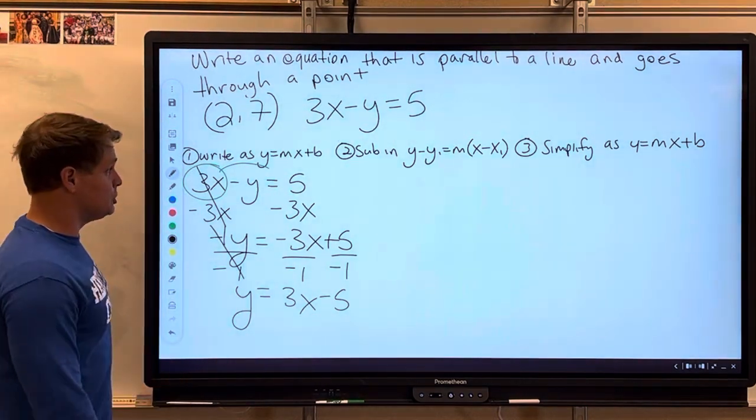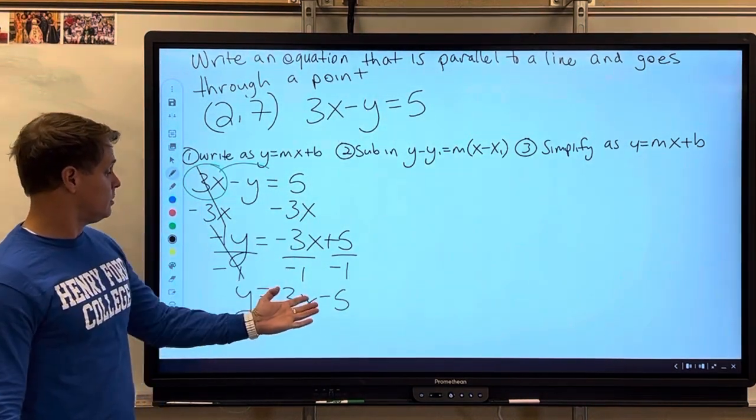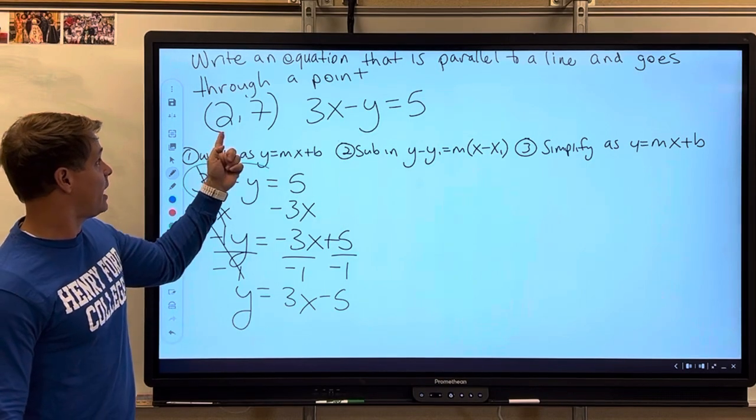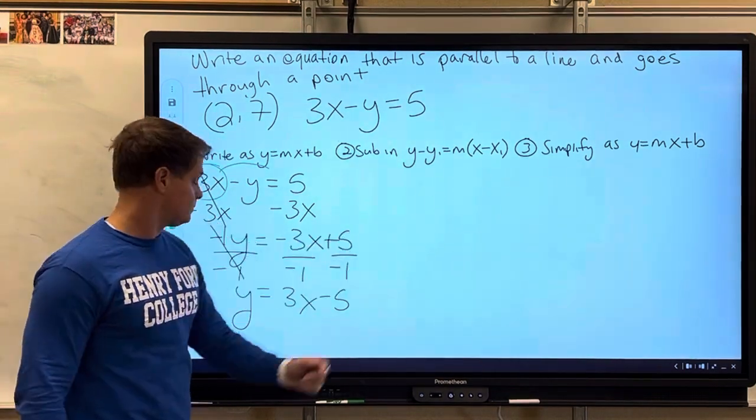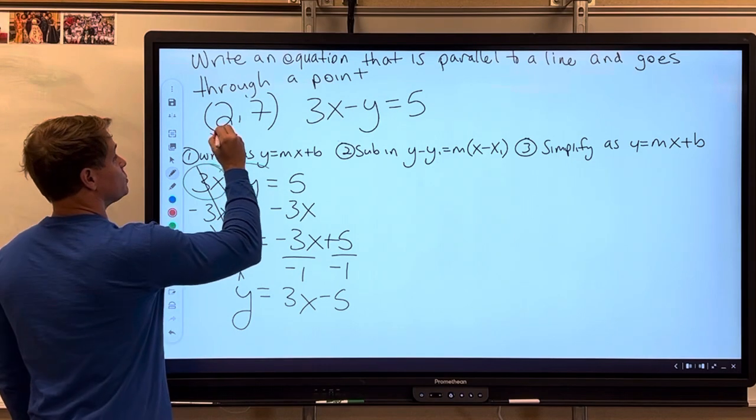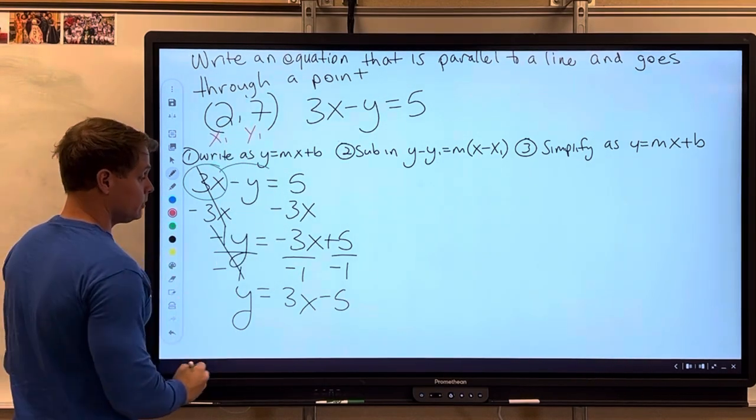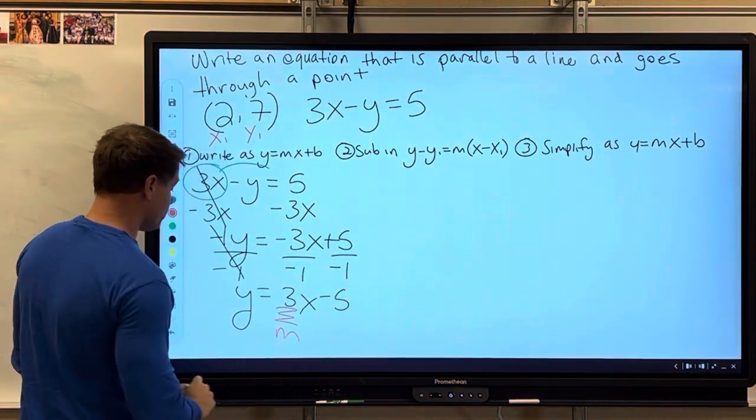The next thing that I'm going to do is substitute the slope and the x1, y1 into this formula. So my x1 is right here, my y1 is right here. This is my slope right here.